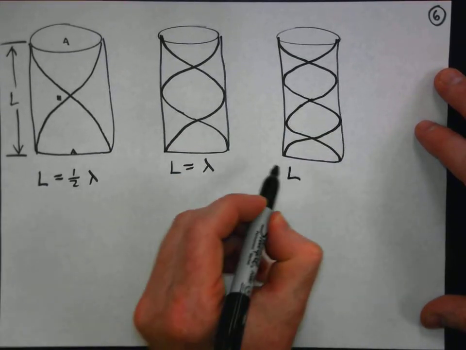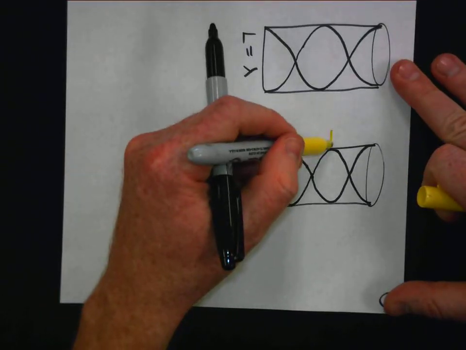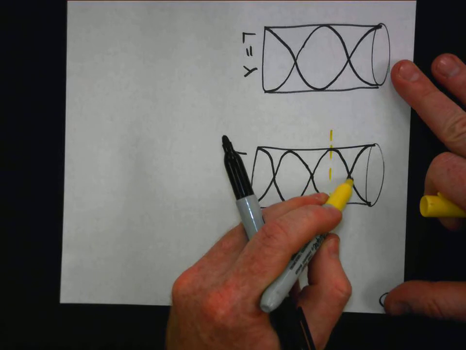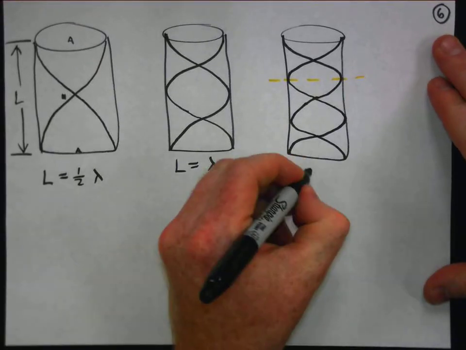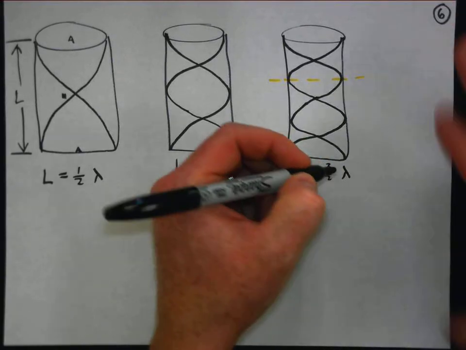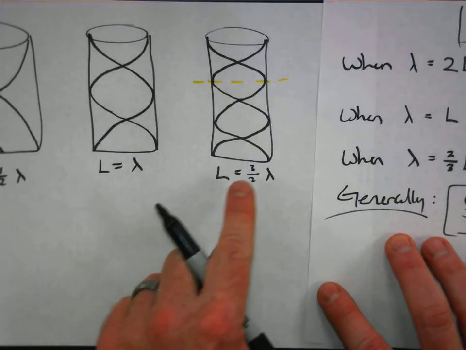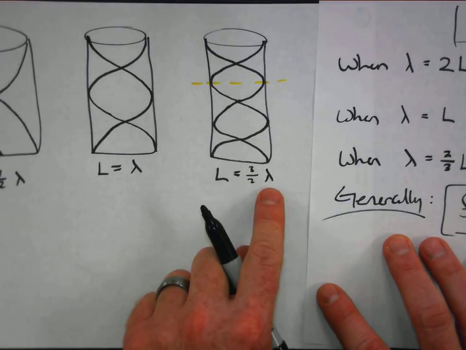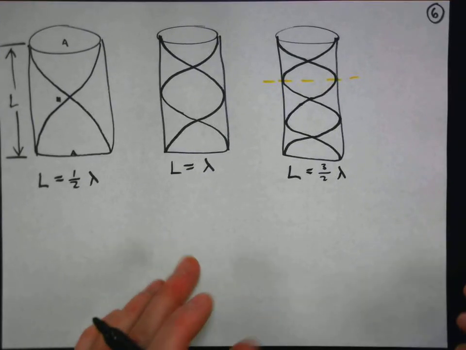And how about length relative to wavelength? From crest to crest there's one wavelength, plus crest to trough, that's another half of a wavelength. So this is 1.5, or 3/2 of a wavelength. Is that what I saw with the strings? Length is 3/2 of a wavelength, so wavelength is 2/3 of length. Yeah, it's identical to a vibrating string that's fixed at both ends.